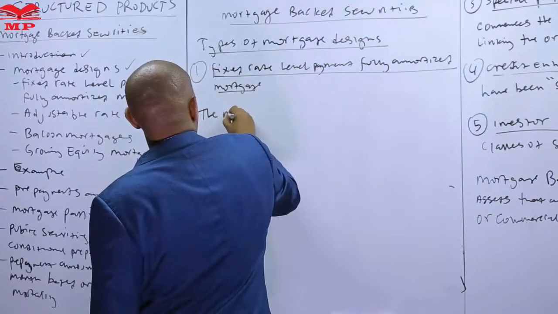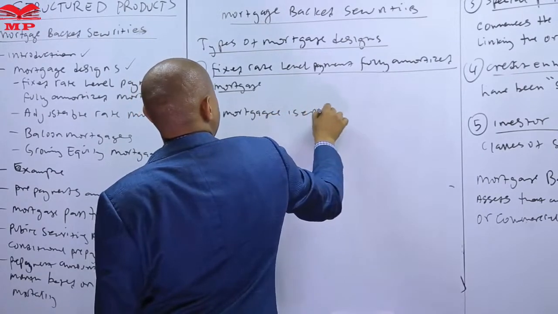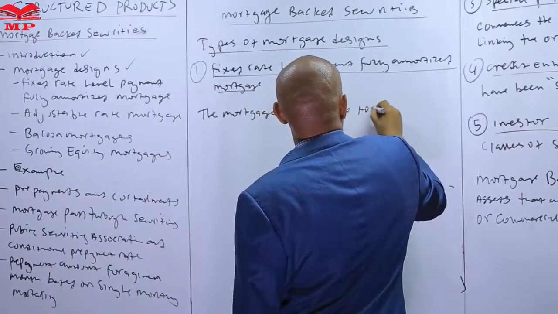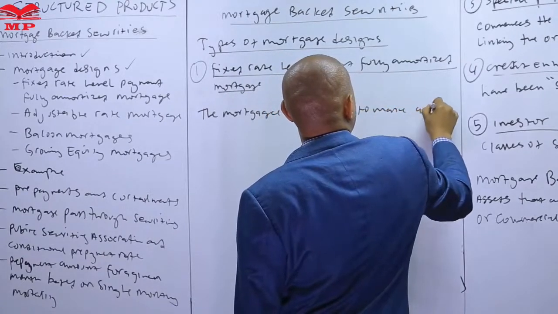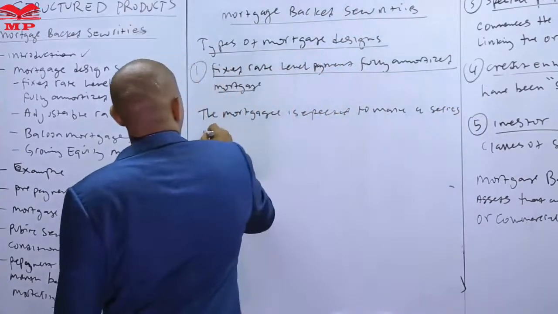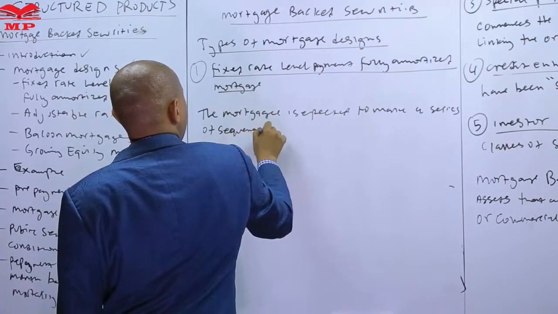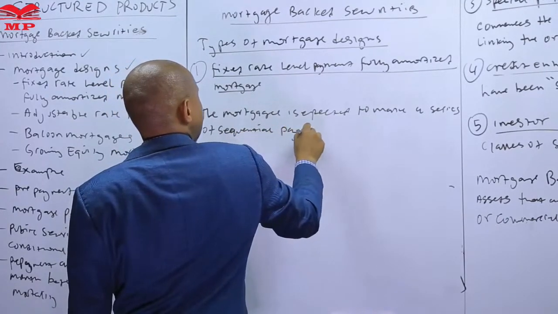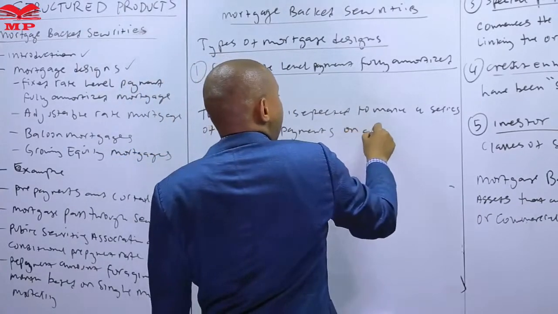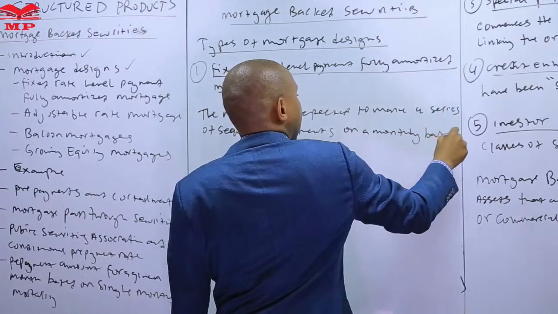You can say the mortgagee is expected to make a series of sequential payments on a monthly basis.